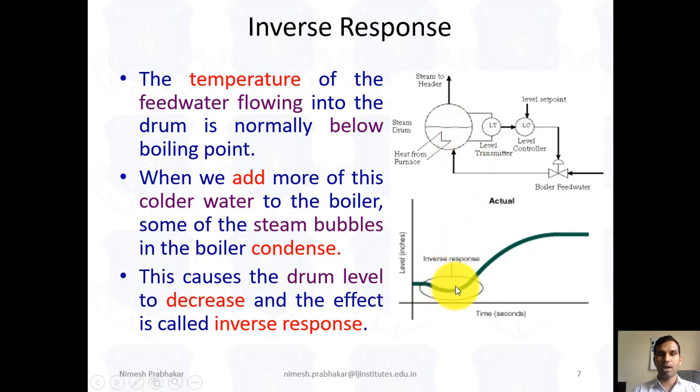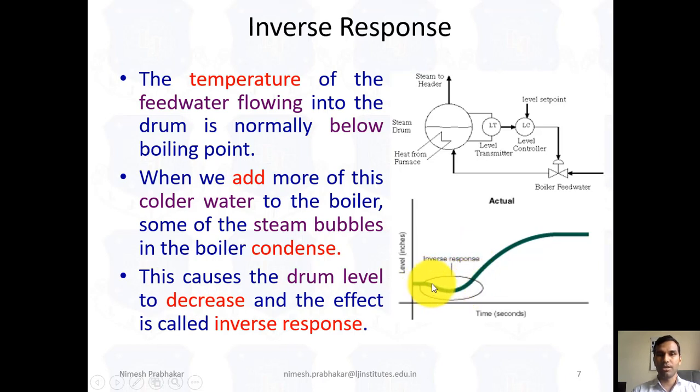So this is a graph of this inverse response. We can understand better. Actually we are adding the water, so the water level should increase. But here, due to this inverse response, first it indicates the water level inside this tank is reduced.